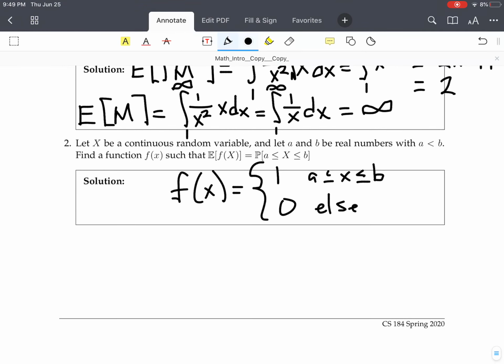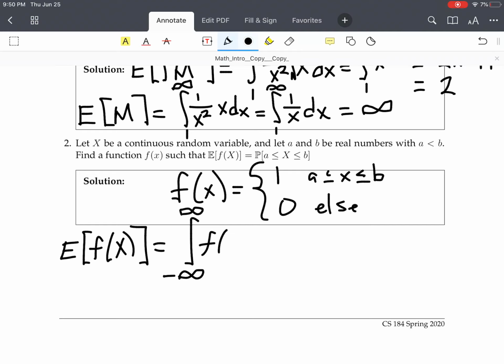So let's go ahead and try it. Let's make sure that this expected value is what we want it to be. So the expected value of f of x is equal to the integral from negative infinity to infinity of f of x times the probability of x dx, okay?